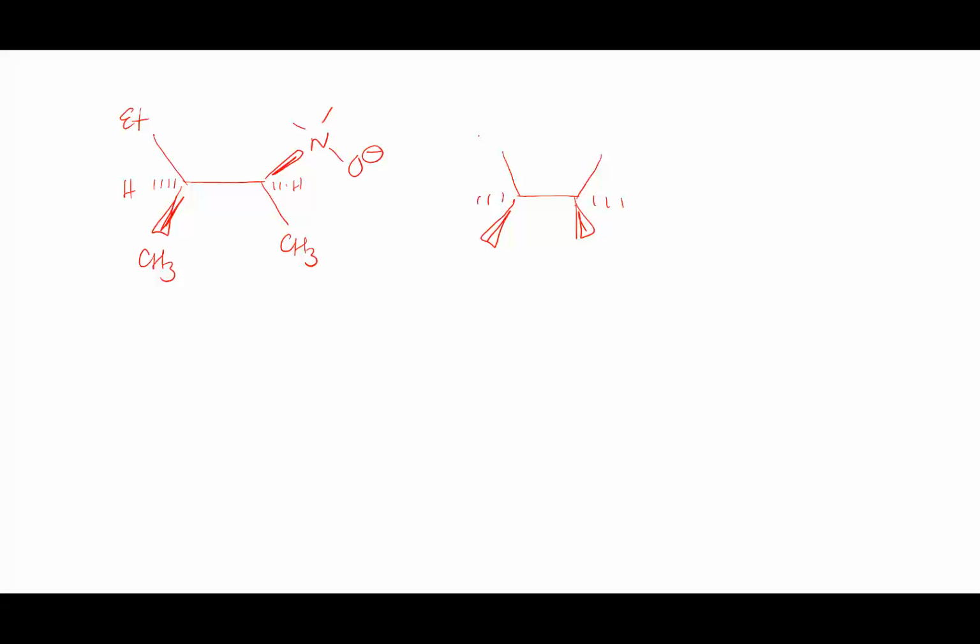So on the left-hand carbon, nothing changes. What am I going to do to make the right-hand carbon, this nitrogen, go into the plane? Right now it's pointing towards you, so I'm going to have to take it back. And then the methyl group that's in the plane, as this one goes back, comes slightly forward, and the hydrogen is still behind.